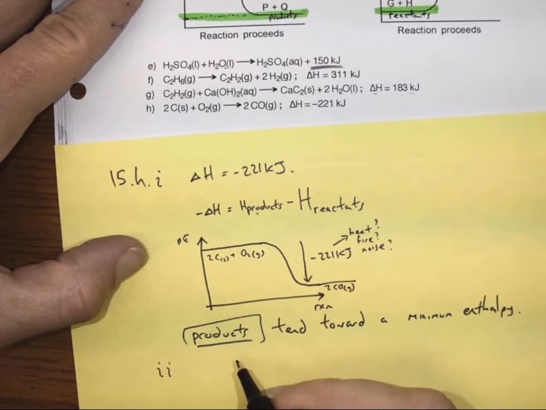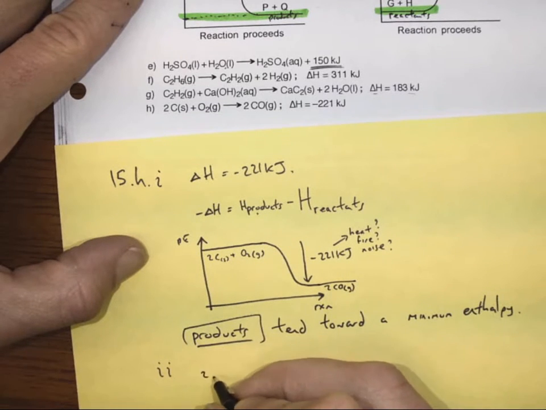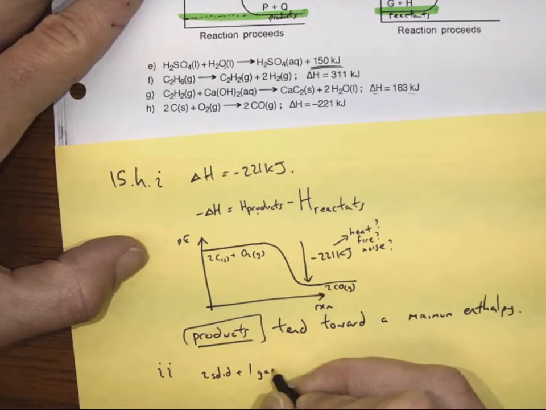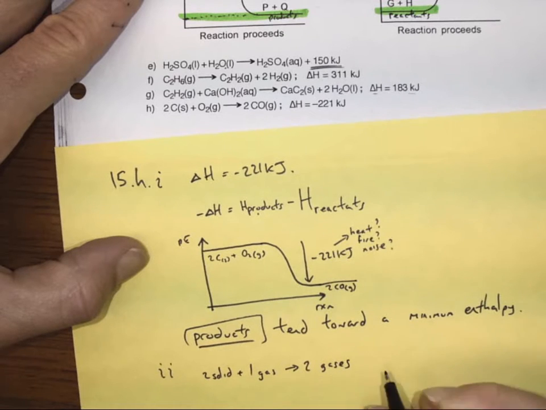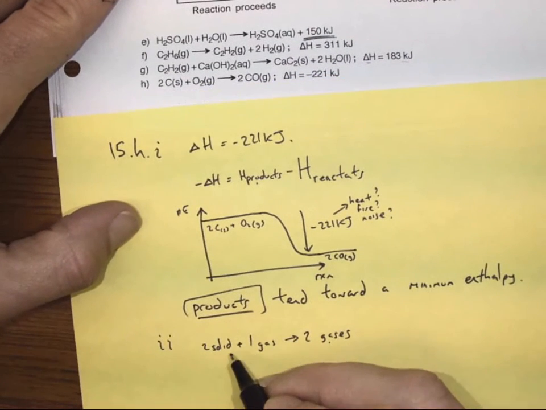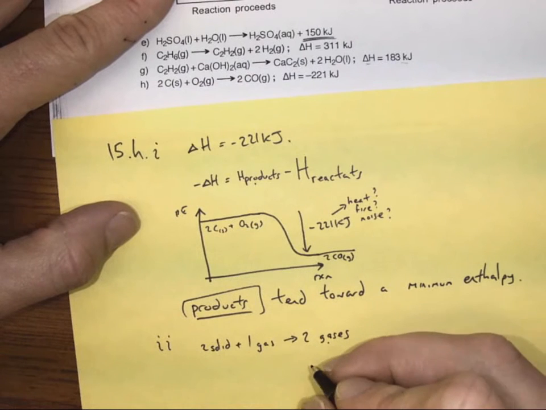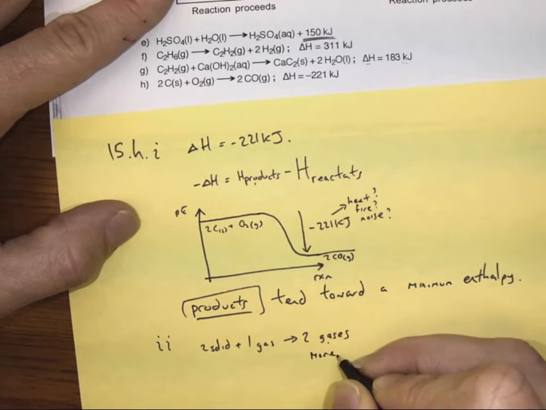And then I look at my entropy argument, and I can see that I have 2 solids and 1 gas forming 2 different gases. And so 2 gases are more entropic, more chaotic than a single gas, even if you have 2 solids. More gases just make the system much more chaotic in nature. And so this is more entropy.